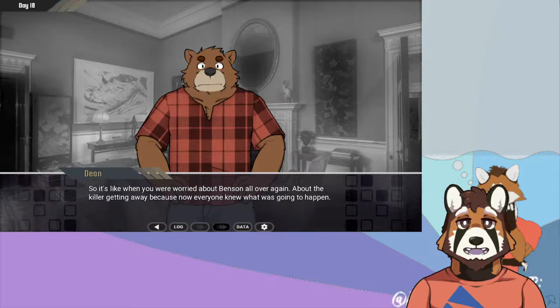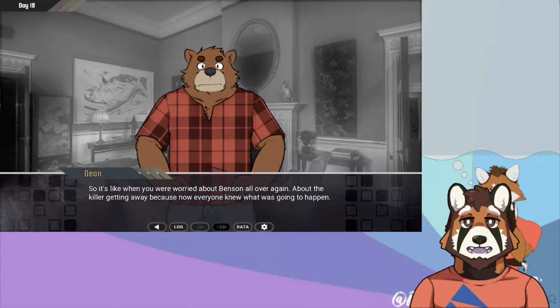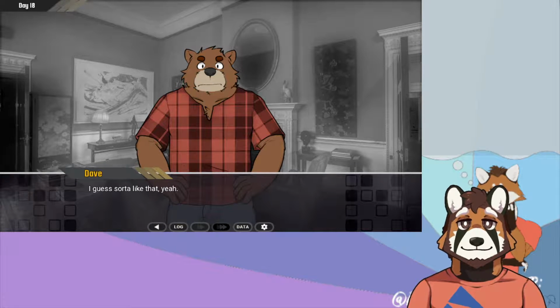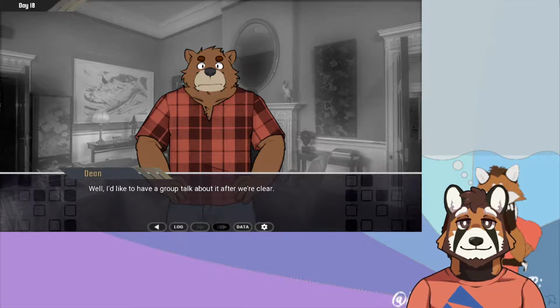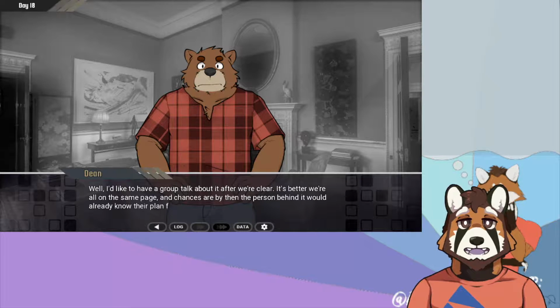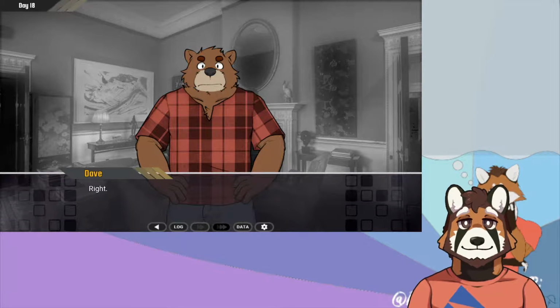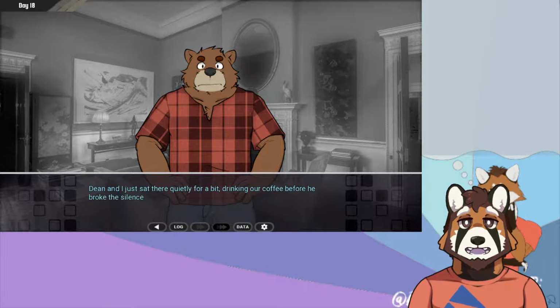About the killer getting away because now everyone knew what was going to happen. I guess sorta like that, yeah. Well, I'd like to have a group talk about it after we're clear. It's better we're all on the same page, and chances are by then the person behind it would already know their plan failed. Right.